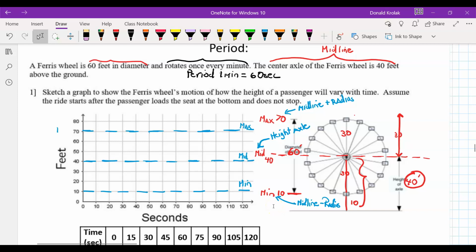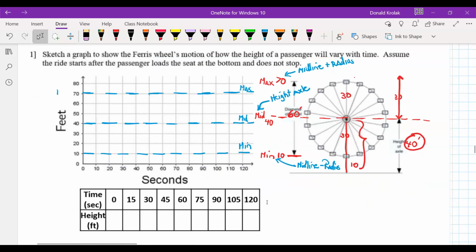All right, it says sketch a graph to show the wheel's motion of how the height of the passenger will vary over time. The ride starts with the passenger loading the seat at the bottom and does not stop. So we know that at 0 seconds, I'm going to be 10 feet above the ground.